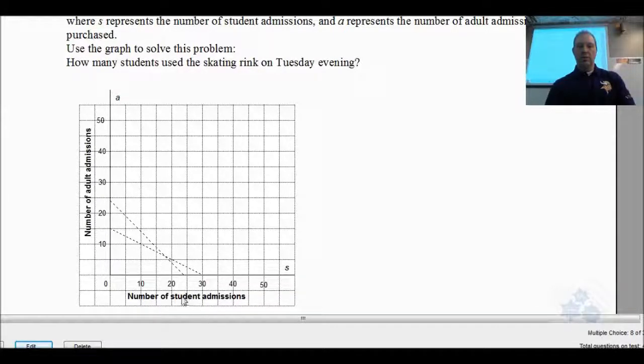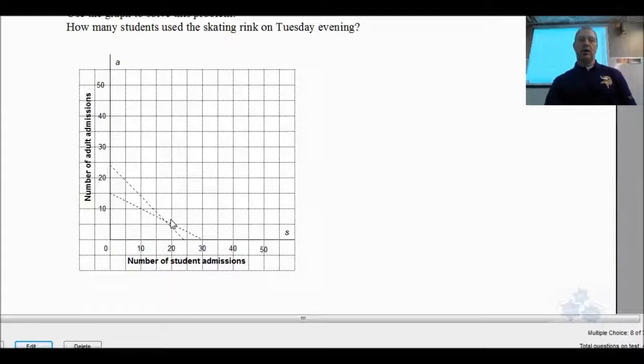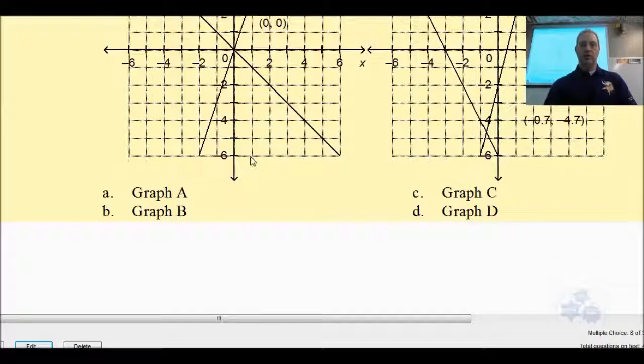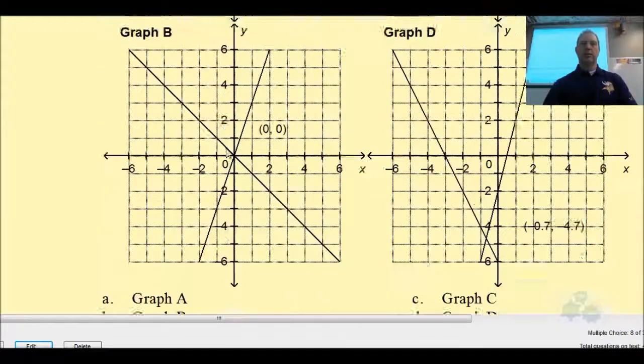So for the number of student admissions, what you'd want to do is try and find out what number on the x-axis this would be right here. So you're going to have to zoom in there a little bit. Whoa, where'd it go? I zoomed in a lot.